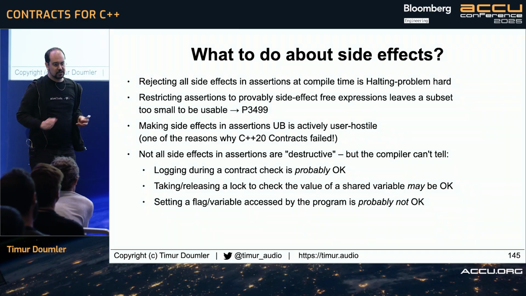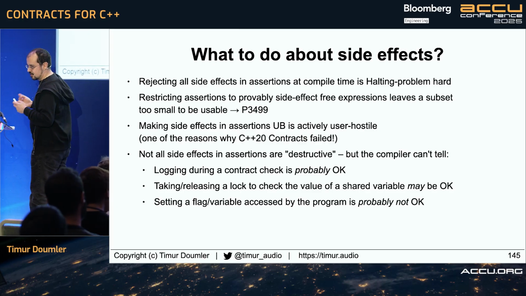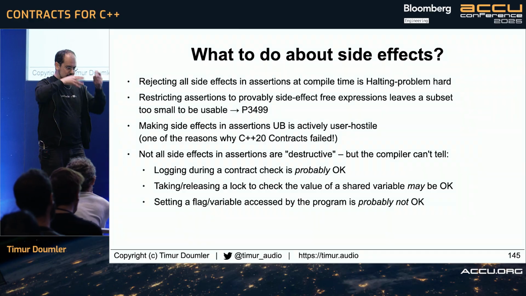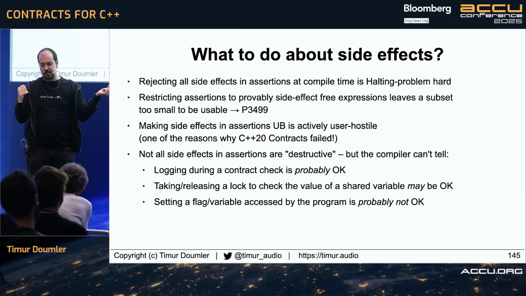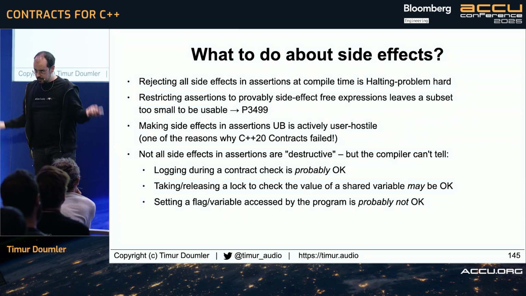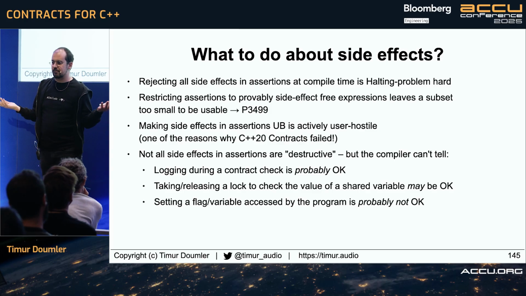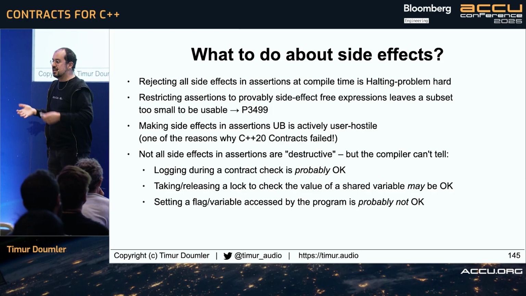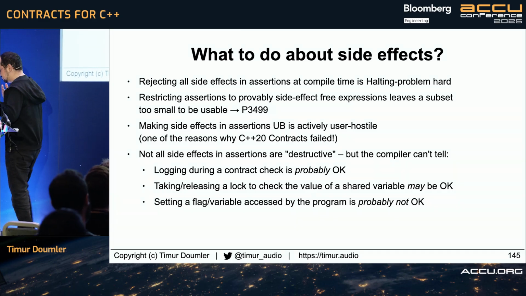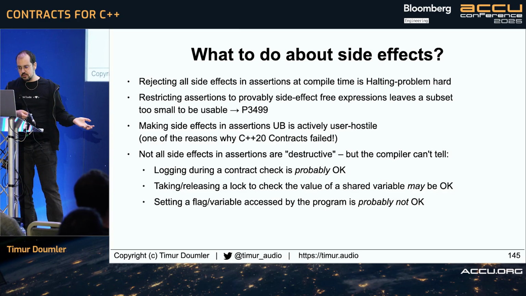Then it is a destructive side effect. The compiler doesn't know that, right? Similarly, if you want to check a value in an assertion, and that's accessed by multiple threads at the same time, so you need to maybe take a lock, check it, release the lock, that is probably fine. Maybe it's not, if that thread has to be lock-free for whatever reason, because it's a real-time application. The compiler doesn't know that, right? So you cannot ban those things, because they're useful, but they can also be destructive.